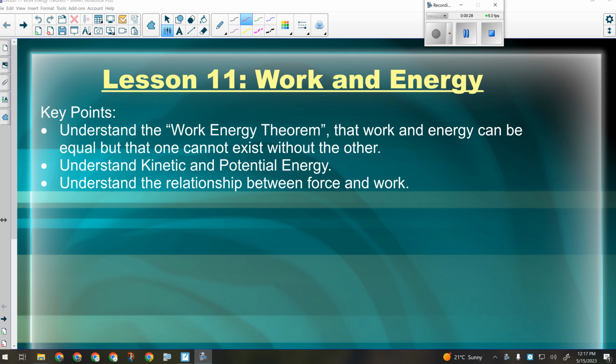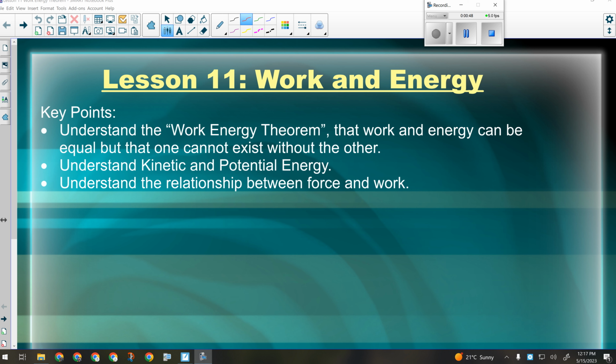It explains where the energy comes from to make something move, or how something moving can do work on something else and transfer energy to it. So it is the classical mechanical explanation for basically all movement. All right, so it's going to be pretty important that we understand how it works.